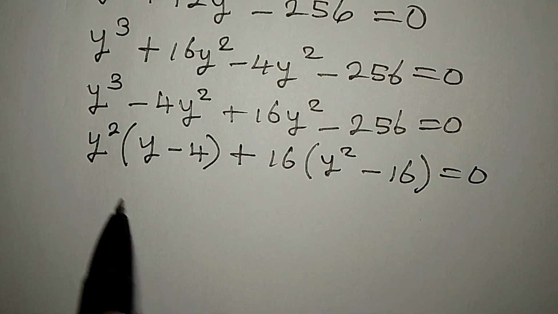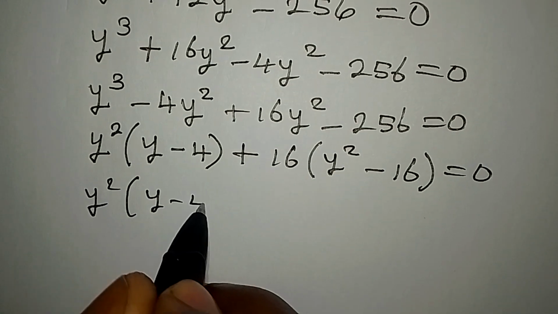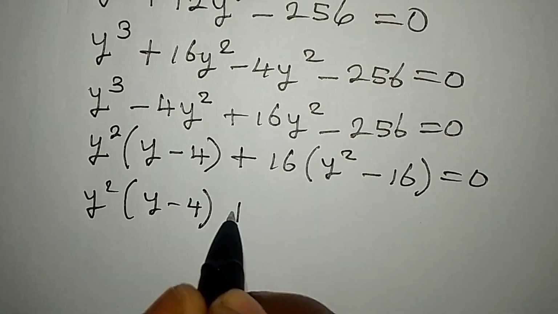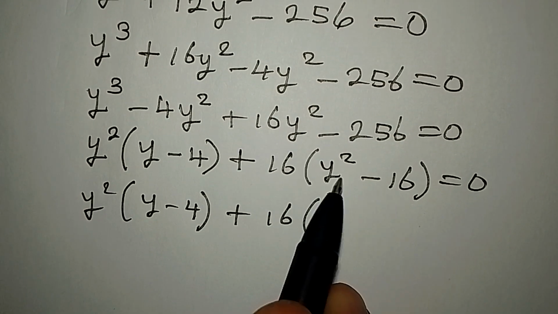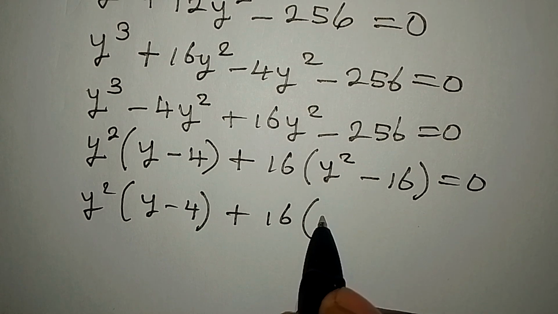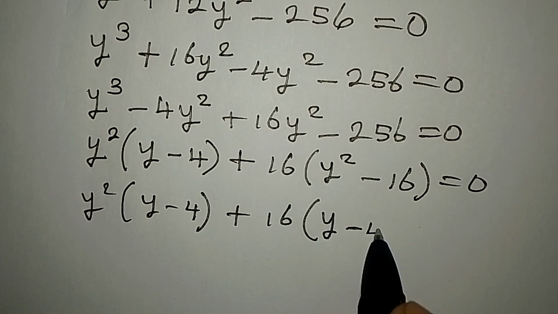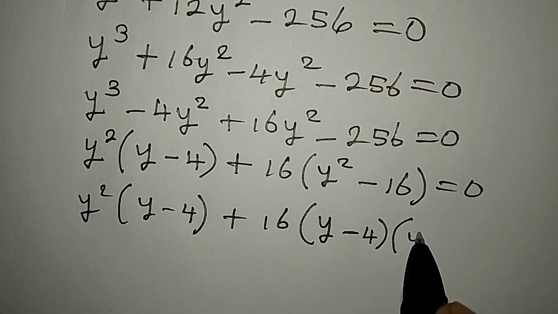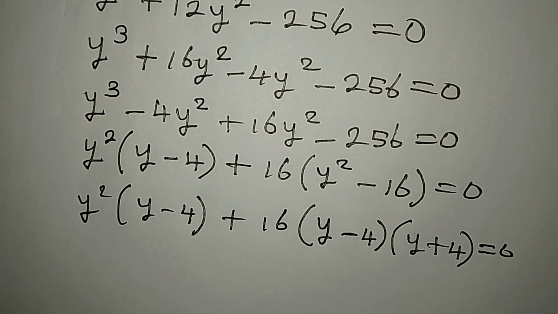Now what again can we do? y squared into y minus 4 plus 16 into, here we can apply difference of two squares because 16 is 4 squared, right? So if we apply difference of two squares, we'll be having y minus 4 into y plus 4, and this is still equal to 0.